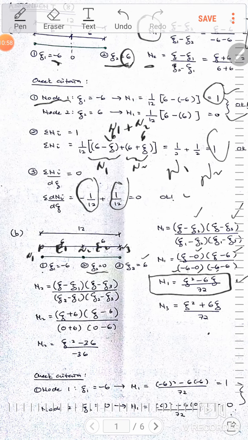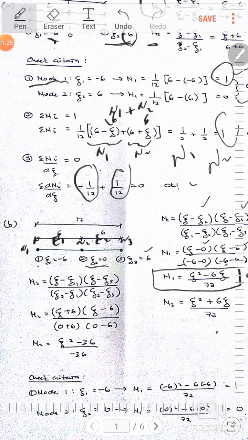Go to the second one: zeta minus zeta 1 times zeta minus zeta 3. I neglect node number 2 because I am working on node number 2. Go down, zeta number 2. It's not like a sequence one by one. Just start with the point that you are working.